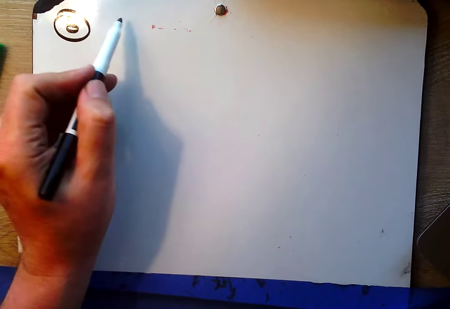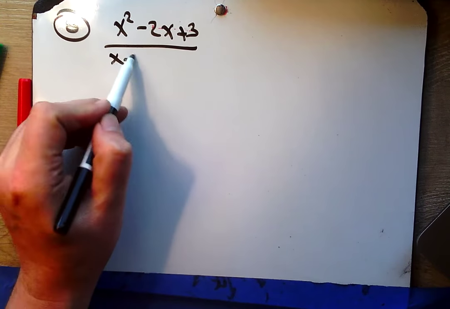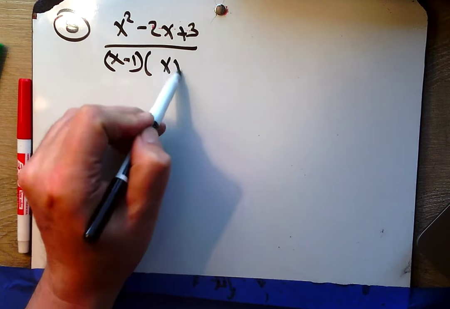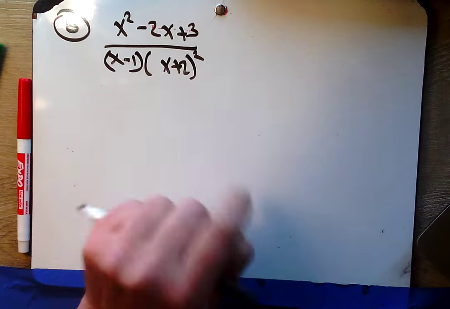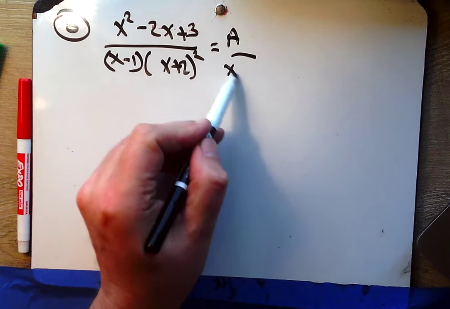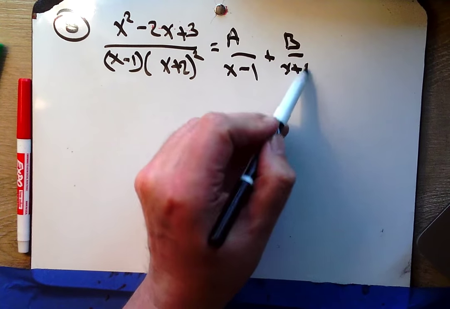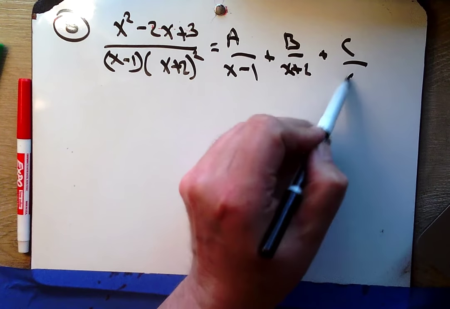Number 8. We've got x squared minus 2x plus 3 over x minus 1 times x plus 2 squared. Ooh, 3 constants to find. Yeah, no, really, because look, this one, and then to the first degree, and then to the second degree.